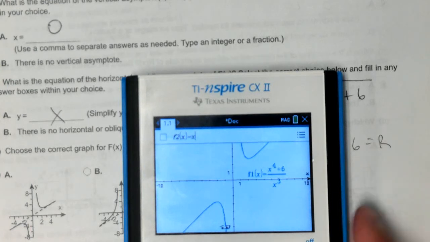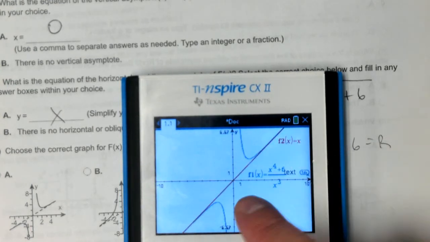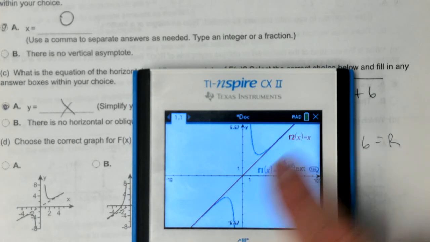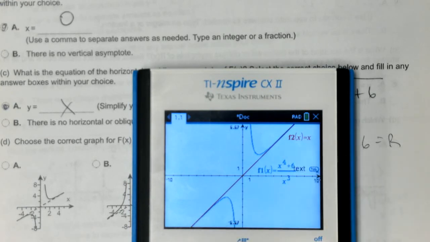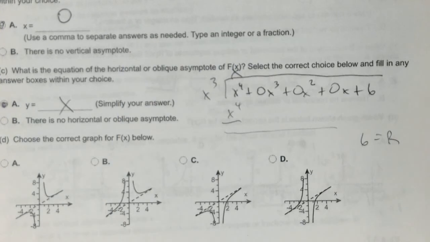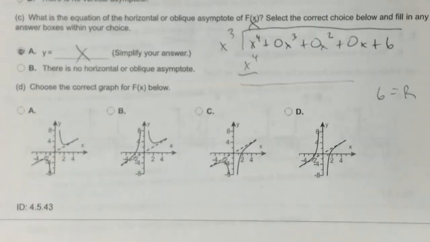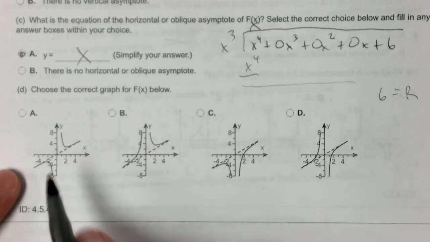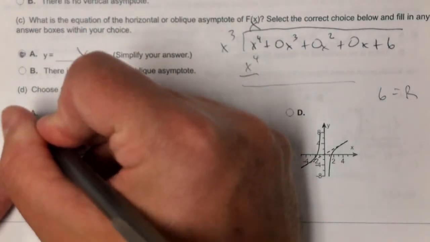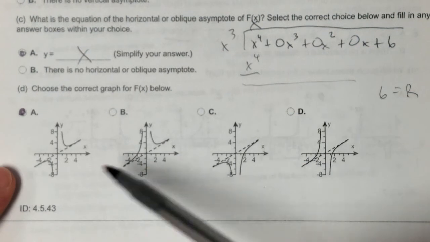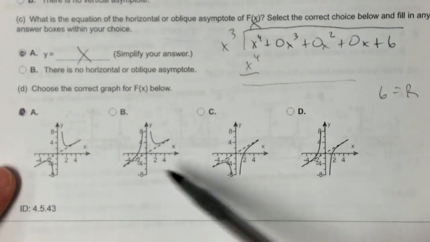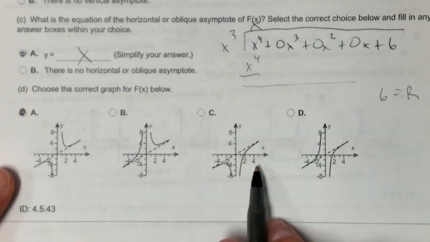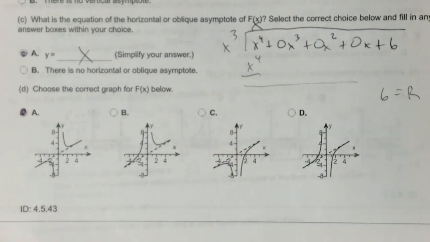Yeah, y equals x, and it's right there, that red one. Yep. Okay. And based on the graph, it's A. So again, if you look at these graphs, all of these have oblique asymptotes. And then you just pick the right one.